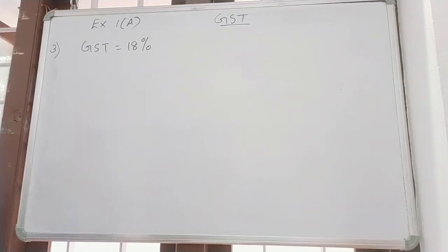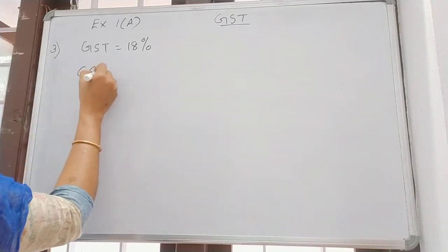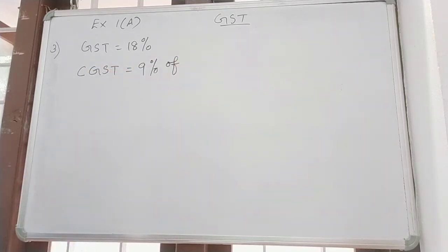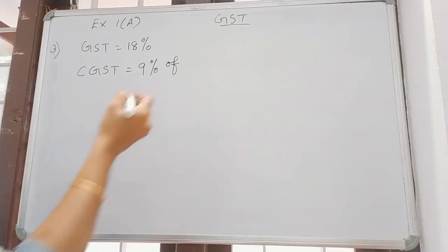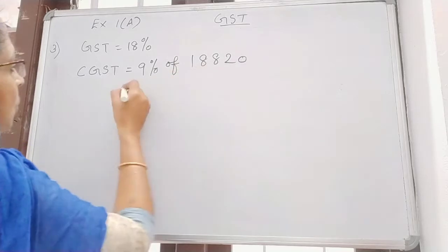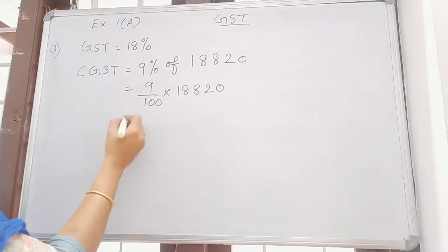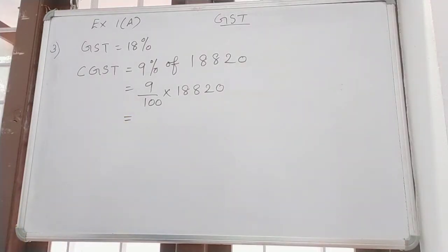So next step, write down GST is equal to 18%. Since it is an intra-state transaction, that is within Delhi, we can write CGST is equal to 9% of this total discounted price. Total discounted price we got it as 18,820. So that will be 9 by 100 into 18,820. Decimals will come, 1693.80.